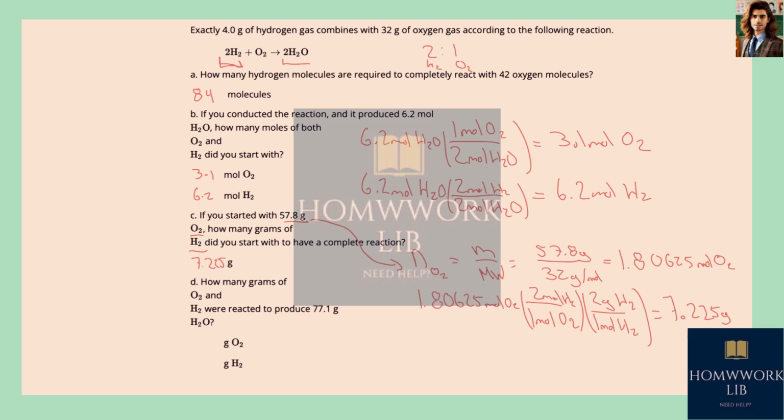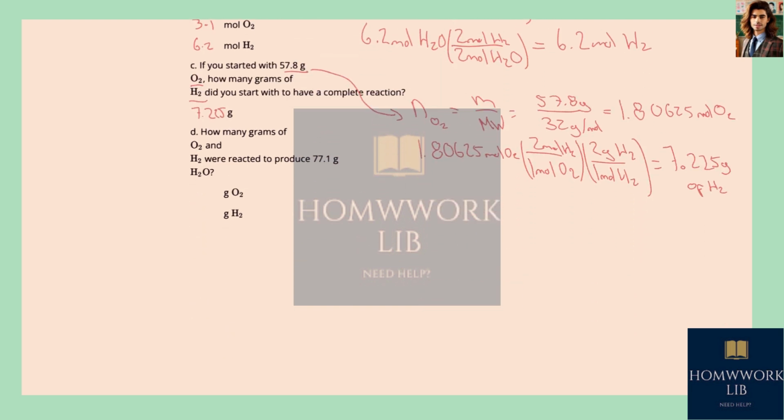7.225 grams. And for the last one, how many grams of oxygen and hydrogen were reacted to produce 77.1 grams of water? So 77.1 grams of water can be converted into moles of water according to its molecular weight, which is 18 grams per mole of H2O.